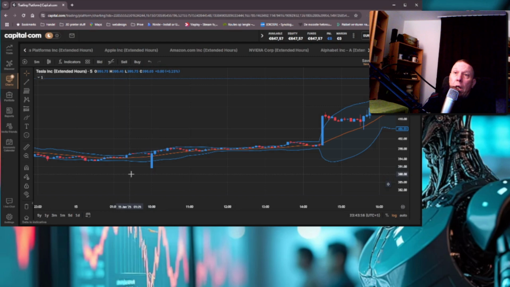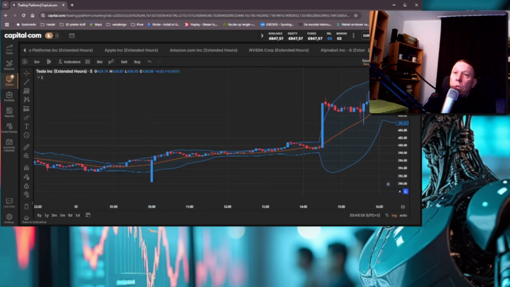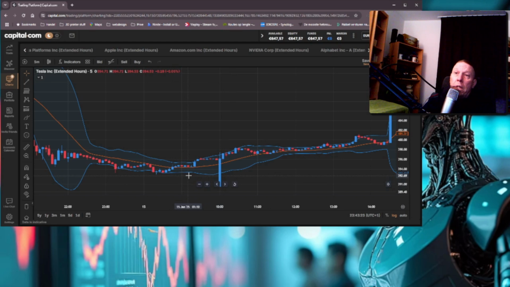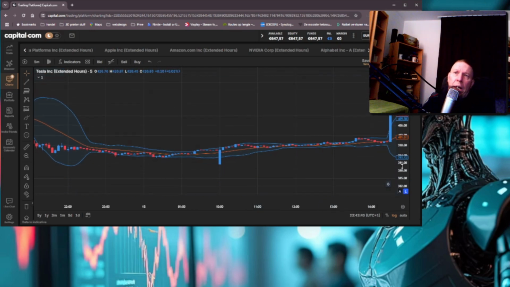Even around this time, you see, even if I go bigger, these are not enough. Candle height is not enough. The difference is not enough to say we have a normal market. So that was strange this morning when I saw the bot do this, but I didn't pay any further attention.